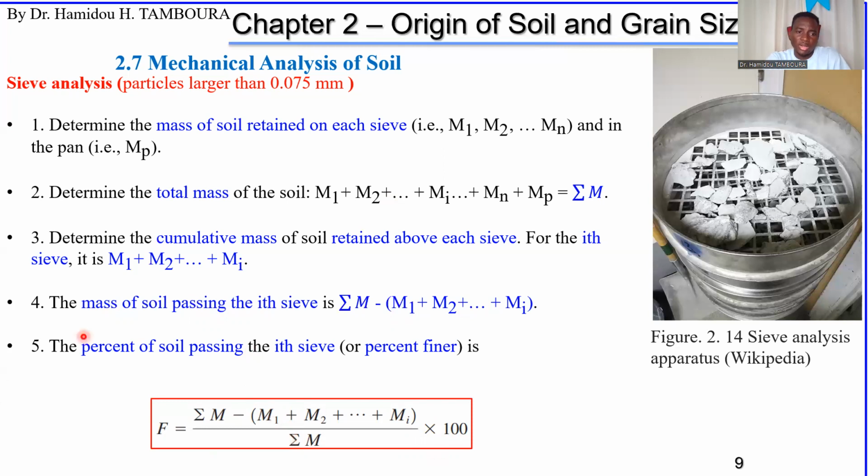Then this last step is very important, because we will use the percentage of passing to draw a curve.